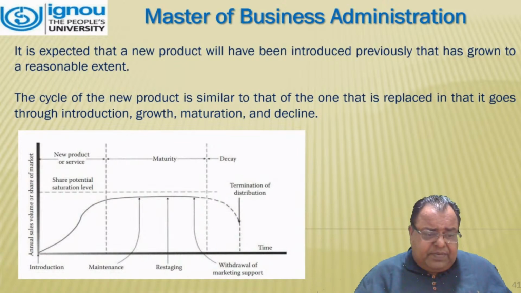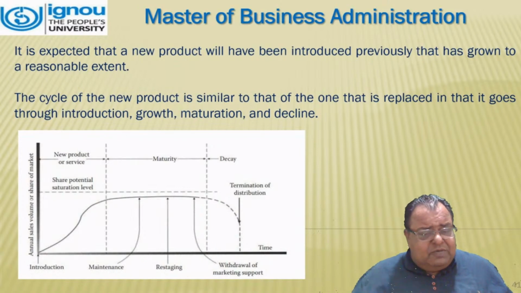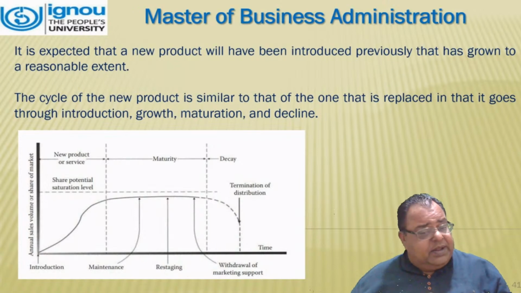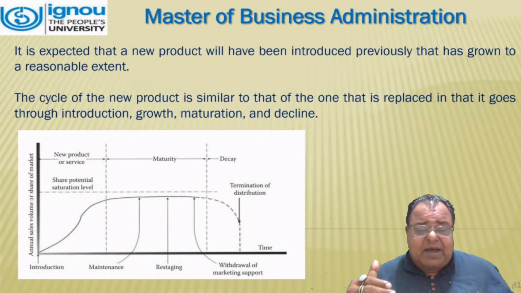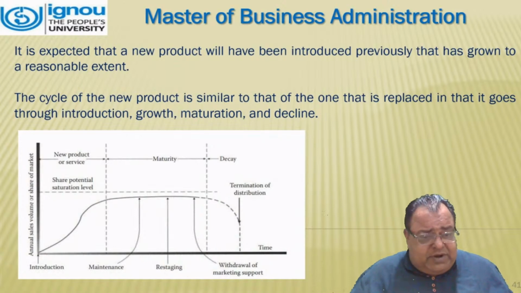It goes up to an extent, then it becomes flat, parallel to the x-axis, that is with time. There is no change, time is increasing, but there is no increase as such in the market share. That phase may be termed as the maturity stage.